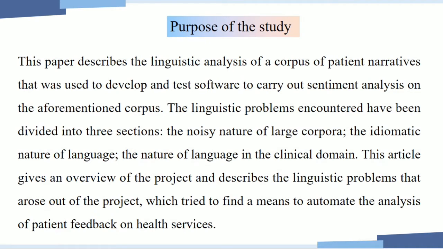So the authors want to test some software to automatically analyze the data, not manually, and get the result. So they used sentiment analysis to deal with the patient feedback.